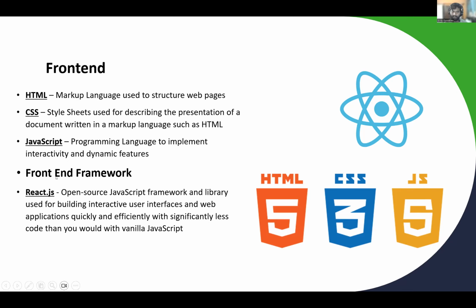For the framework, we'll be using React.js. React.js is an open source JavaScript framework used to build user interfaces and web applications quickly. Using React, we can build this app way faster than we could using only JavaScript. That is why we'll be using React.js.